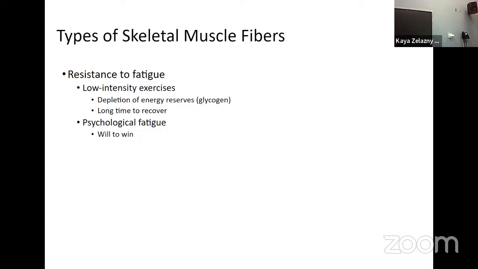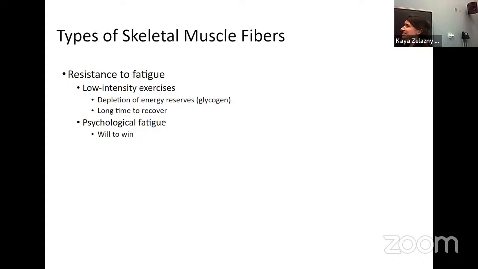Much of their glucose is coming from glycogen stores. So if it runs out of glycogen, that can start to cause fatigue. And this takes a longer time to recover from. If you get to the point that you're fatigued by the low intensity exercise, it takes a while to build back, for example, that glycogen.